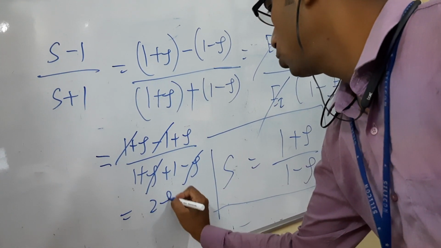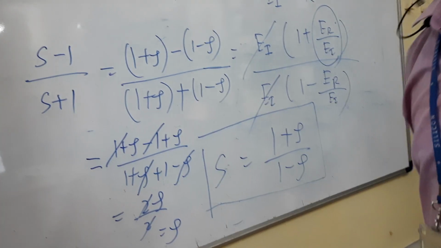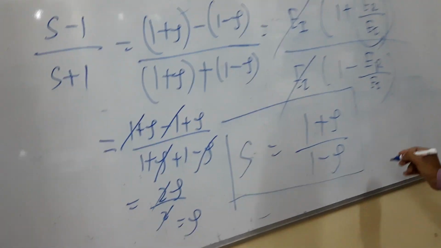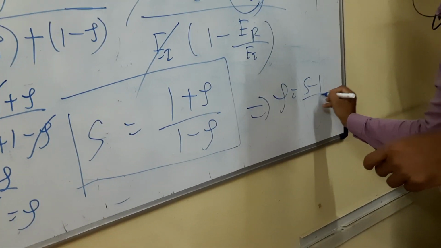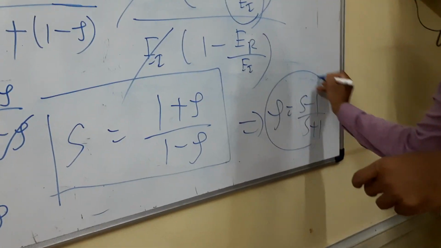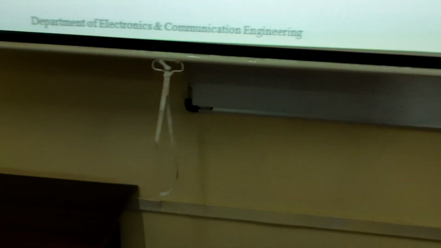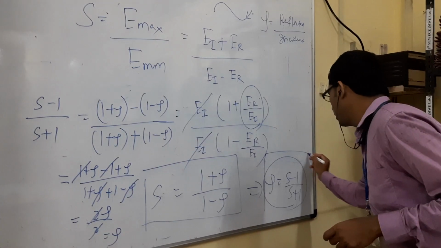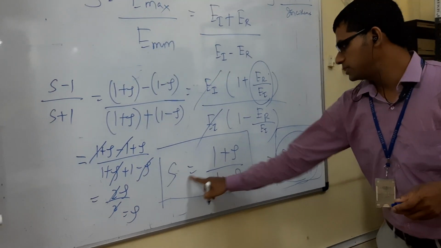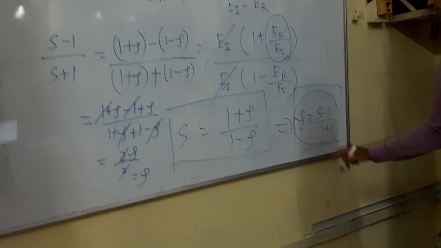This is 2 rho by 2, that means it is rho. So rho equals S minus 1 by S plus 1. Try to see the relationship: S is 1 plus rho by 1 minus rho, and rho equals S minus 1 by S plus 1.